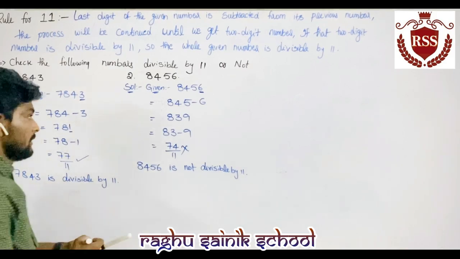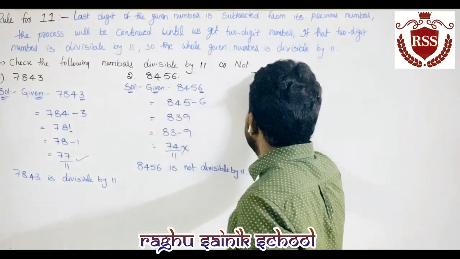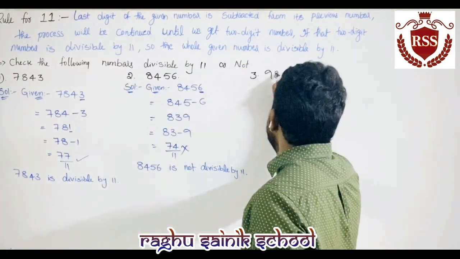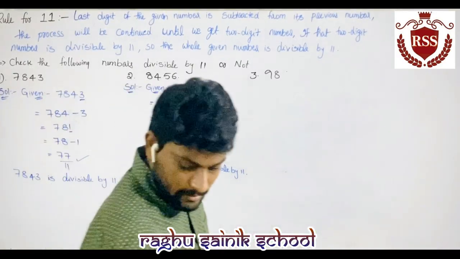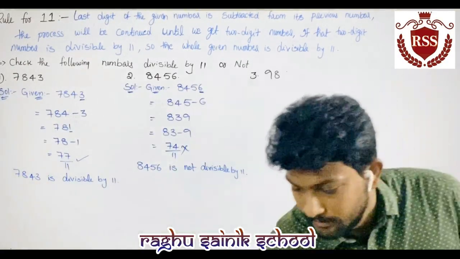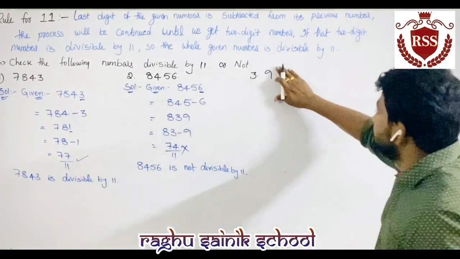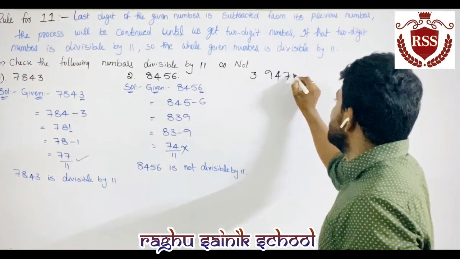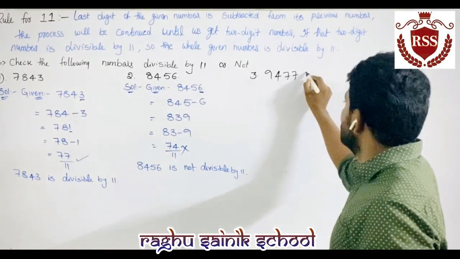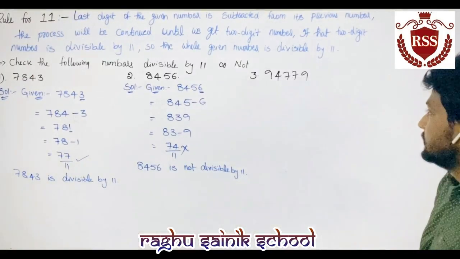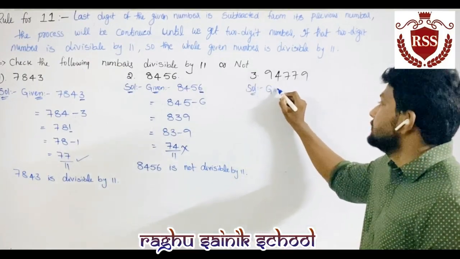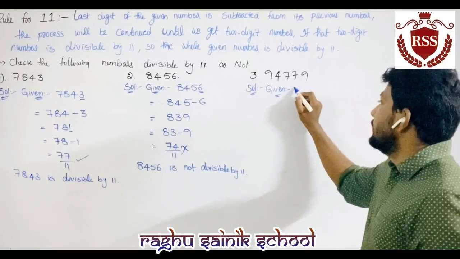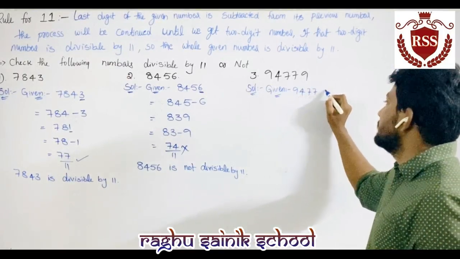Next, we can see another example. The given number here is 94779.